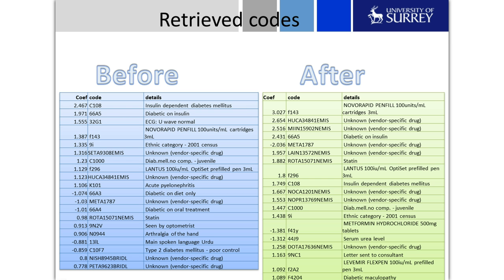Recall that we have two models, the model before cleaning and the model after cleaning. Here we want to see whether the clinical codes returned make sense or not. Let's have a look. Now these clinical codes show that these are drugs. The drugs returned are in fact insulin drugs with subcutaneous injection.